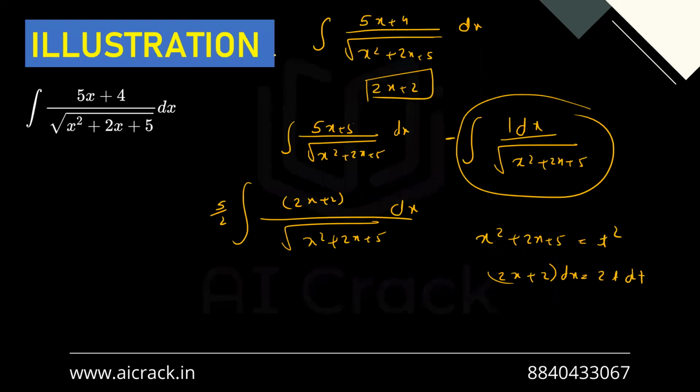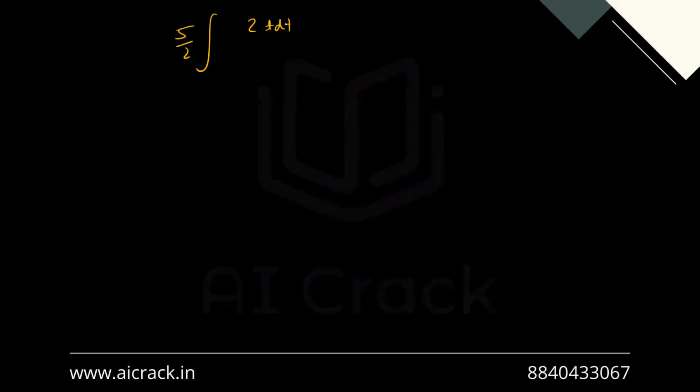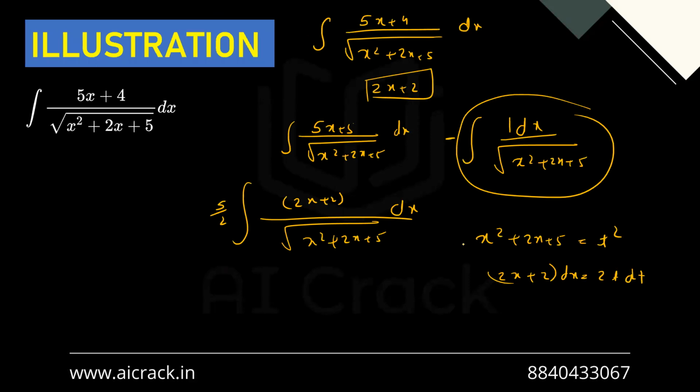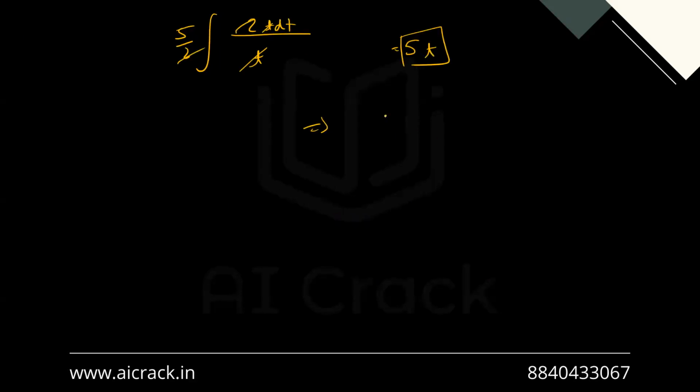So basically I'll be getting 5 by 2 integral 2t dt divided by under root t square. So that is nothing but t. So t gets cancelled out. This becomes 5t. So what we are getting eventually, t is nothing but under root of x square plus 2x plus 5. So 5 times under root of x square plus 2x plus 5.